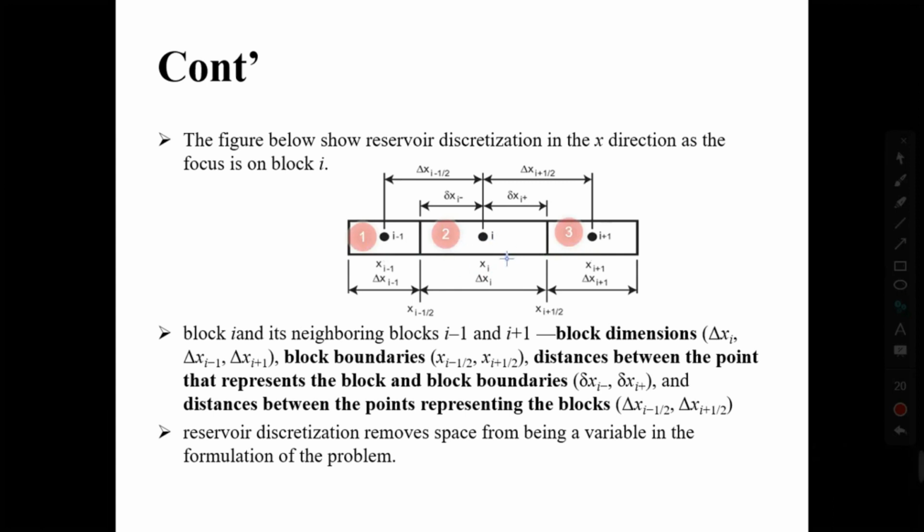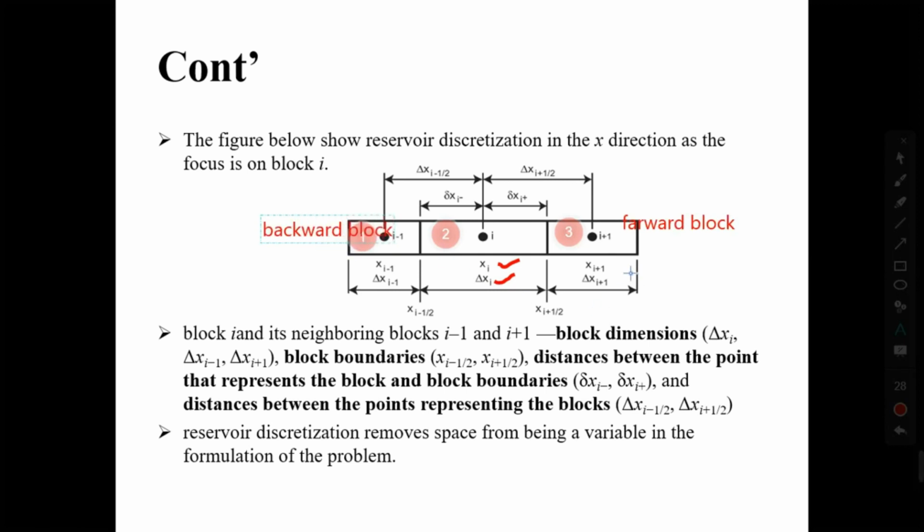These grid blocks are represented by x and i, or you can say delta x and i. When we move ahead, we call it the forward block. And when we move backward, this one is called the backward block.